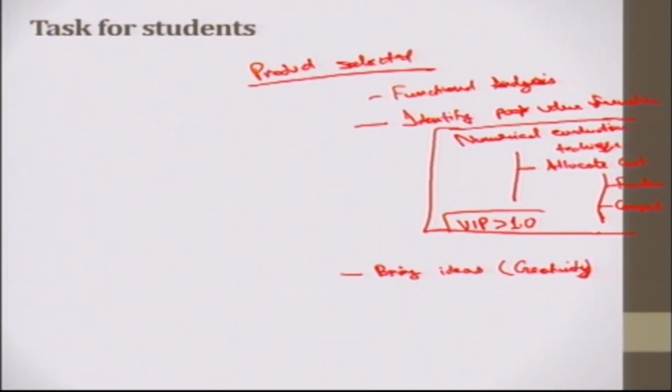You will work on these functions. Then try to conduct the evaluation and implementation phase as well. So you will have to apply lot of judgment here. A team is desirable thing here if possible. This was all about value engineering.